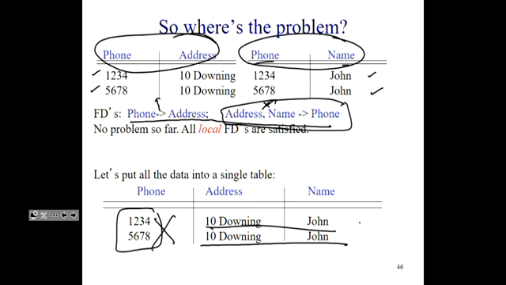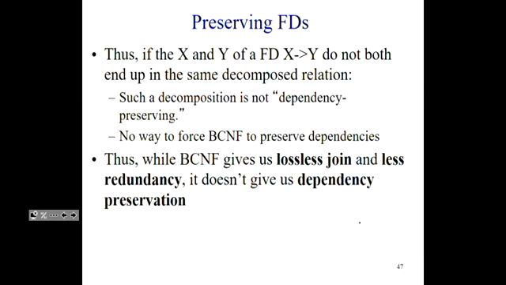So what this means is that this decomposition is not dependency preserving. Okay, so the decomposition basically loses the information of this dependency. There's no way of ensuring that this dependency is maintained. So, like I said, this violates a dependency, and what do we mean by preserving a functional dependency?